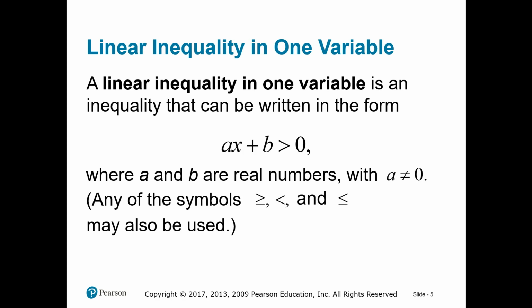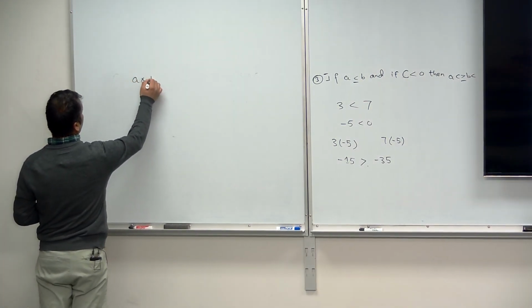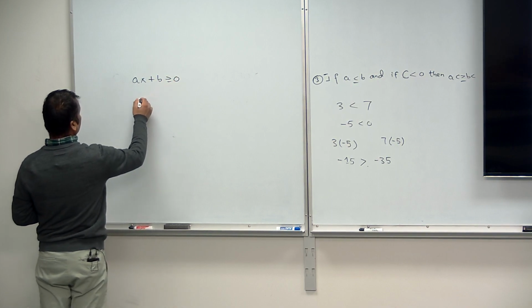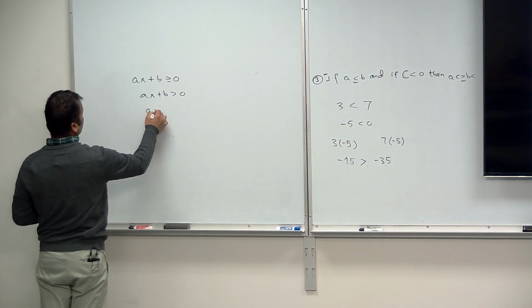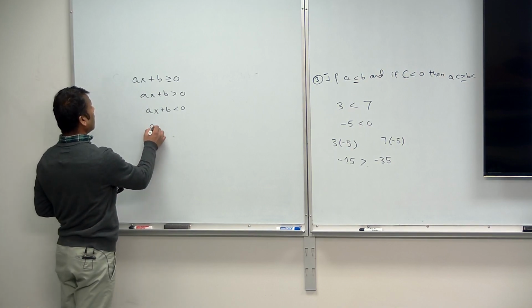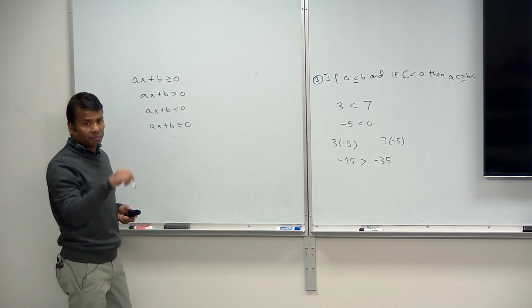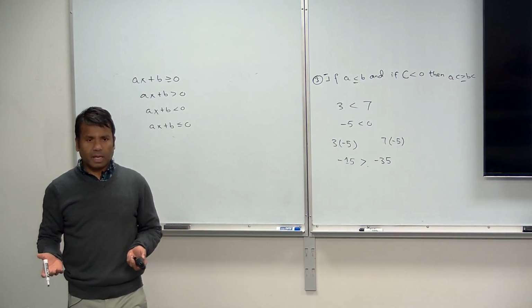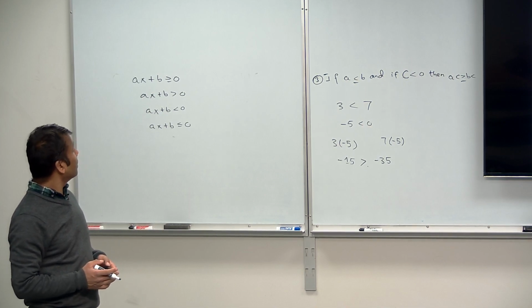So ax plus b is greater than or equal to 0, or ax plus b is greater than 0, or ax plus b is less than 0, or ax plus b is less than or equal to 0. These are what? Linear inequalities. Did you get it?